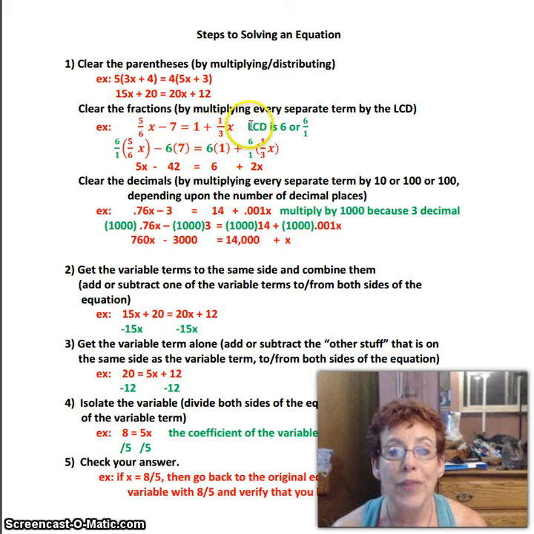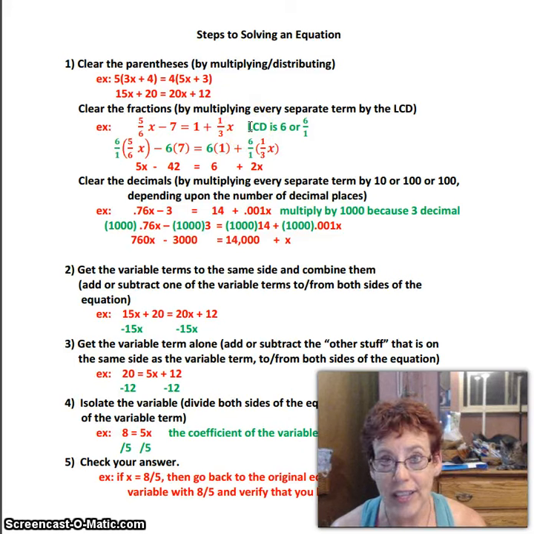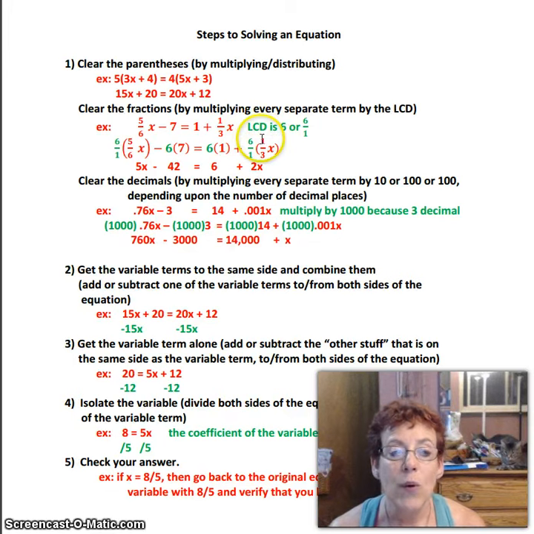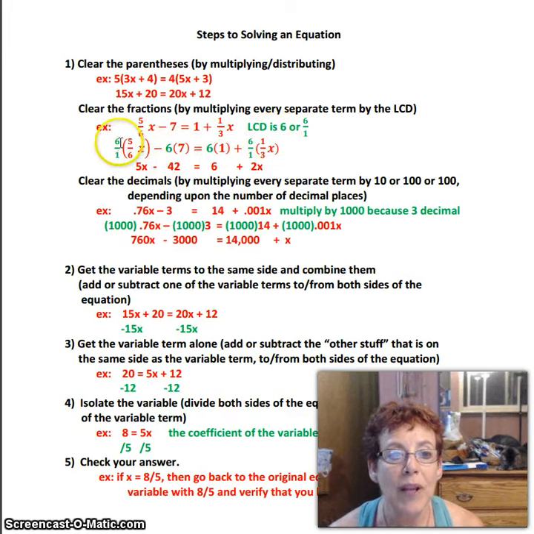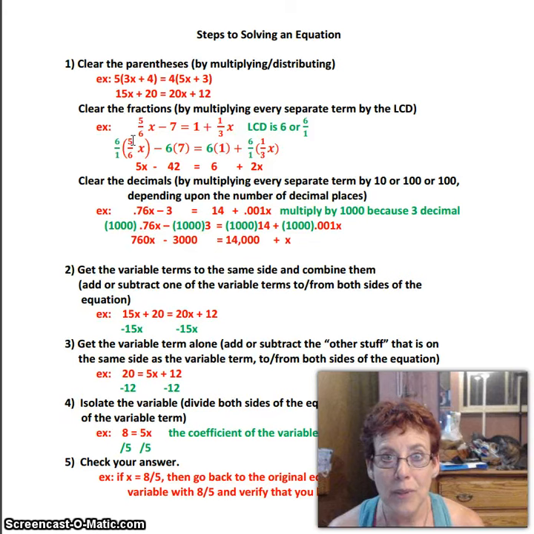And the last term, 1/3 x, has that fraction in there. So it makes it easier if we multiply it by 6 over 1. Now one thing that I see some of you doing is that when we multiply fractions, it is correct that we multiply straight across. But we sometimes wind up with some big numbers. So the easiest thing to do is simplify.